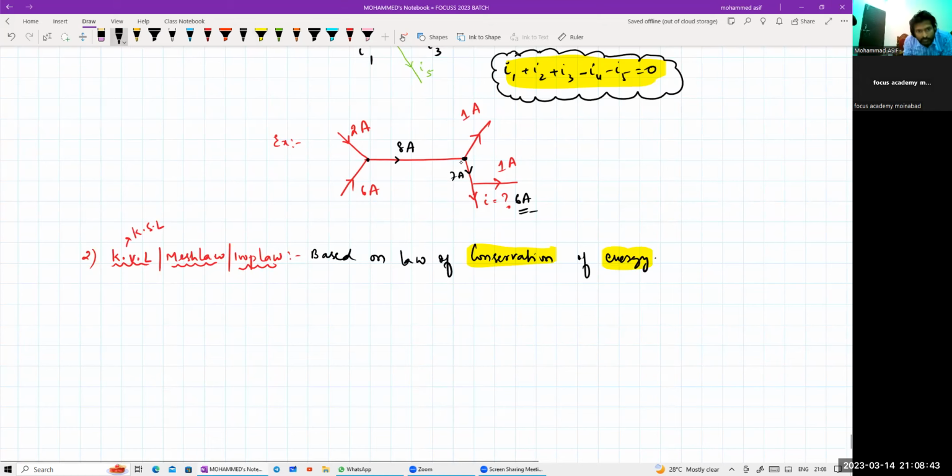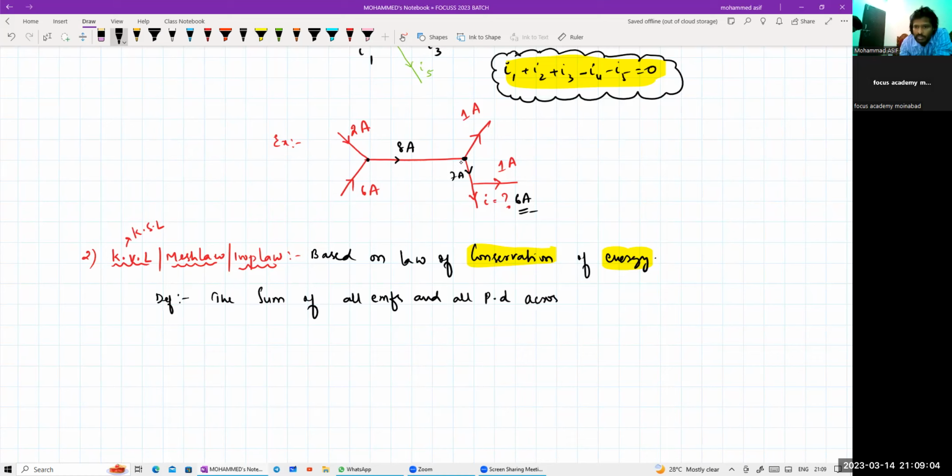इसका definition देखो बेटा. The sum of all EMFs and all potential differences across any closed circuit must be equal to 0.